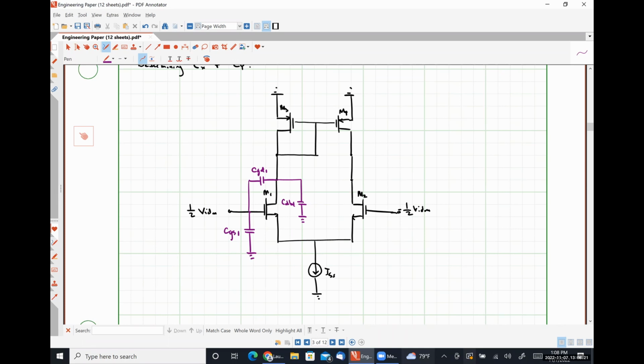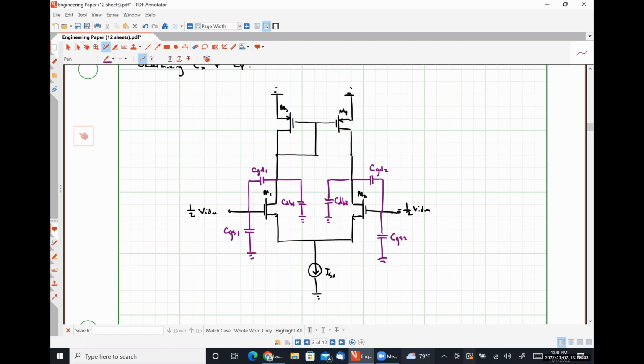Similarly, for transistor M2, we will have all of those capacitances. So CDB2, CGS2, CGD2.